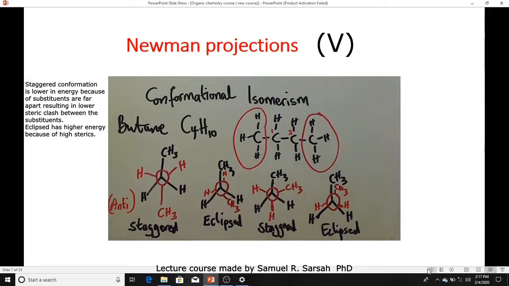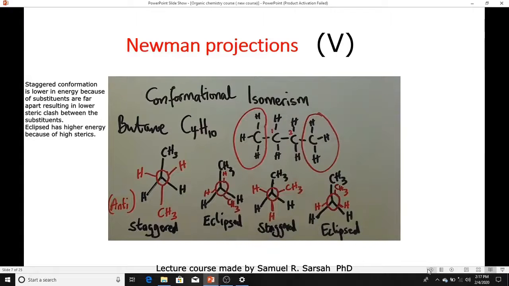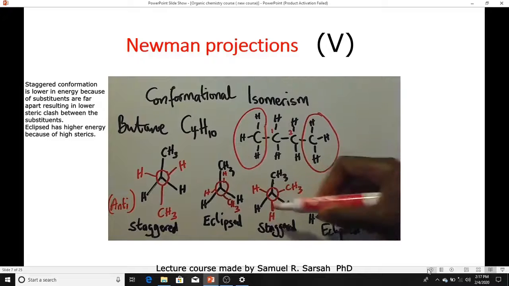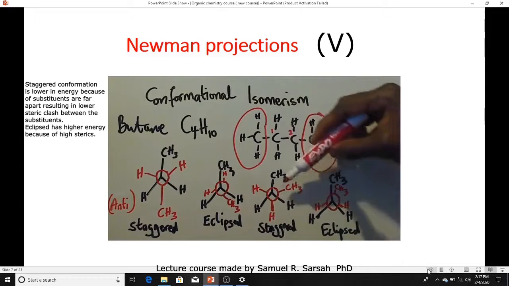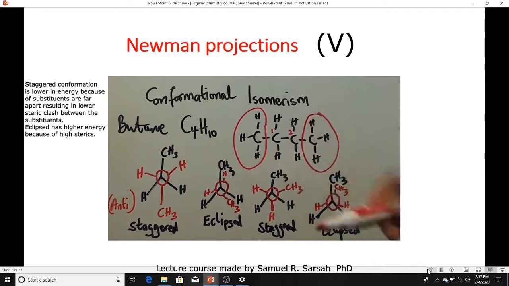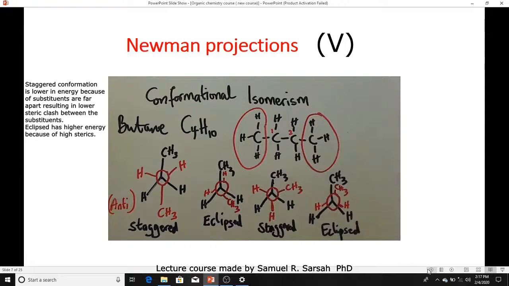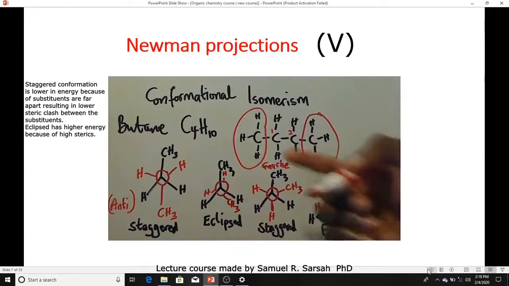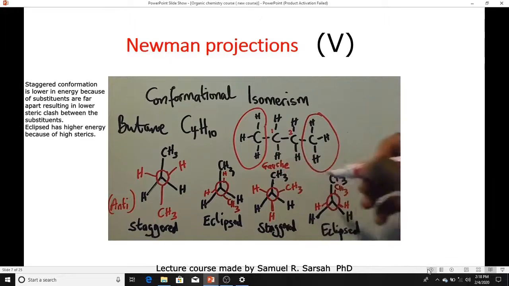It's called staggered anti because the bulky groups are 180 degrees apart from each other. Now this staggered conformation where the methyl group is about 60 degrees apart from the other methyl group has a name, it's called gauche, G-A-U-C-H-E. That's a gauche conformation.